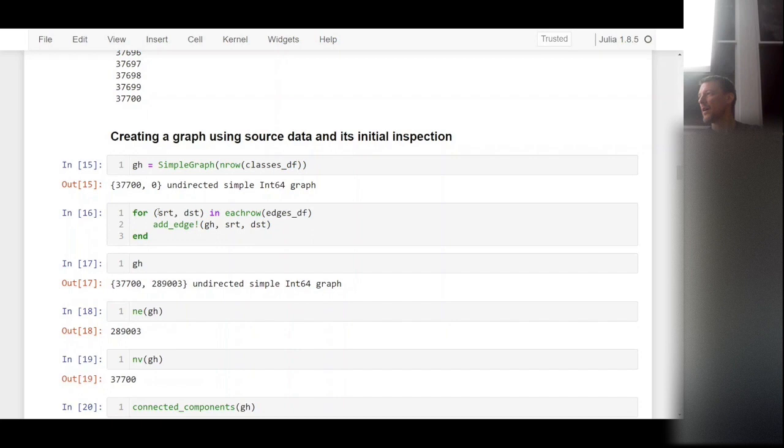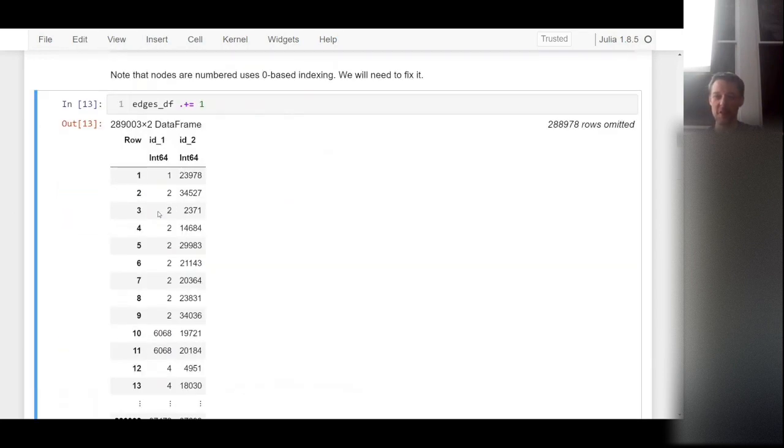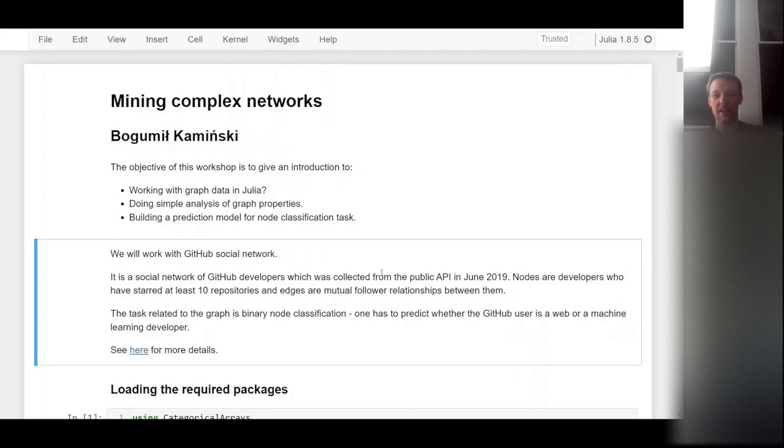Is an undirected graph enough here, because if I follow you, does it mean that you follow me? An undirected graph assumes this, having just one edge, so we do not distinguish who is following whom. Why? Because, as we said initially, the edge is created only if there is a mutual follower relationship. So I create an edge only if A follows B and B follows A. If there is a one-way relationship, I say no edge.